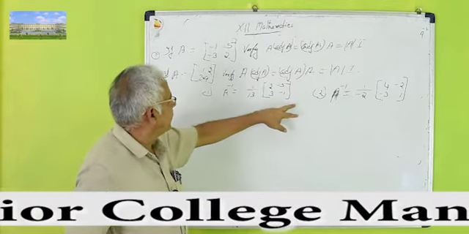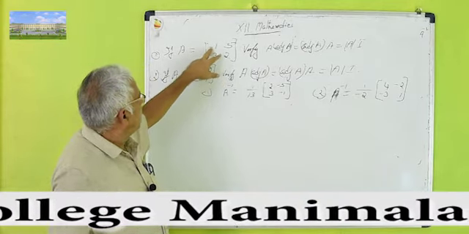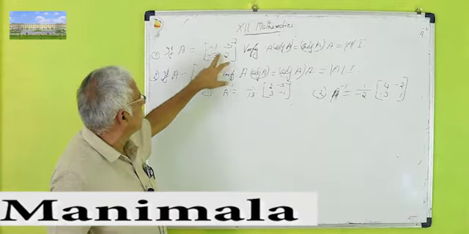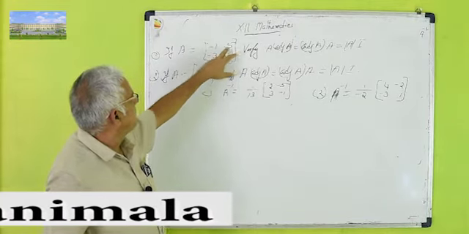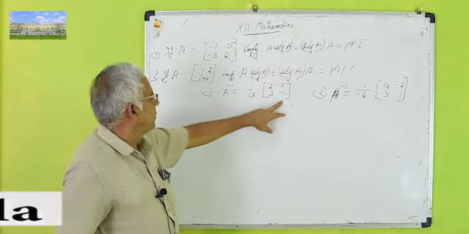Then A inverse is equal to 1 by determinant of A into adjoint of A. Determinant of A is -1 into 2 minus (5 into -3), that is -2 plus 15, which is 13. So A inverse is 1 by 13 into adjoint of A.